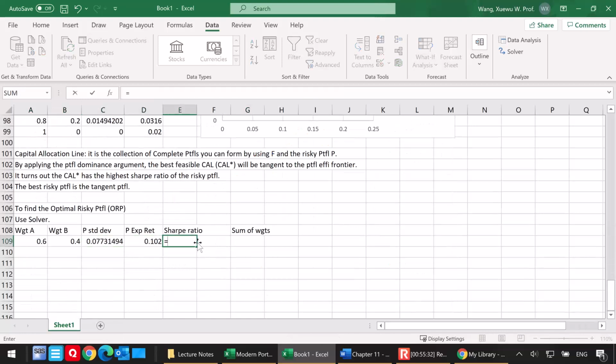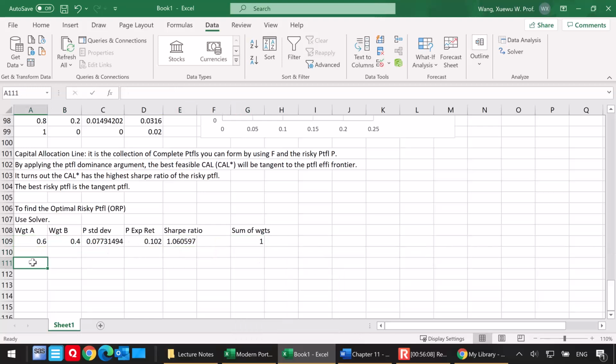Now more importantly, we're going to have the Sharpe ratio, because we know when the tangency happens, the risky portfolio has the highest Sharpe ratio. The Sharpe ratio is defined as expected return minus risk-free rate divided by the standard deviation. So that is the Sharpe ratio for this one here. Of course I need to check the weights summation, and it happens to be 1. So this is my step number 1: I guess the weights and I calculate the Sharpe ratio.